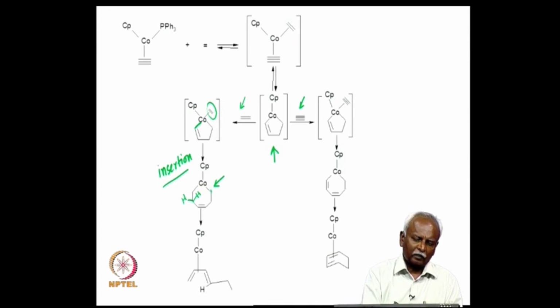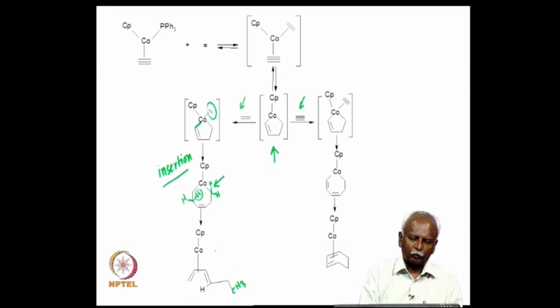So, if you have this CH2 group abstracting one hydrogen from this carbon center, you can end up with a CH3 unit, such that you now have the formation of butadiene, which is substituted in the 1 position.